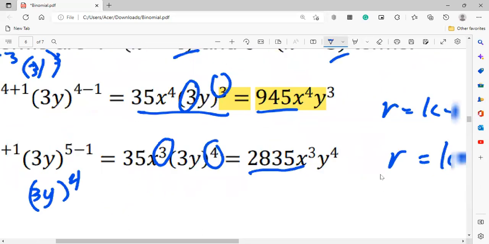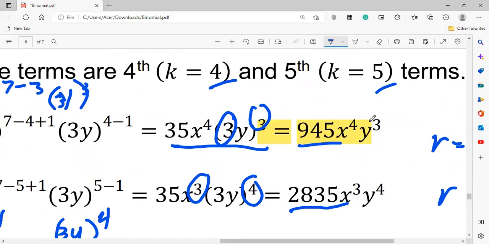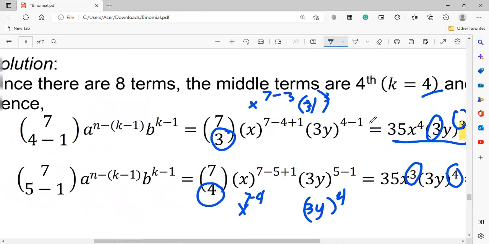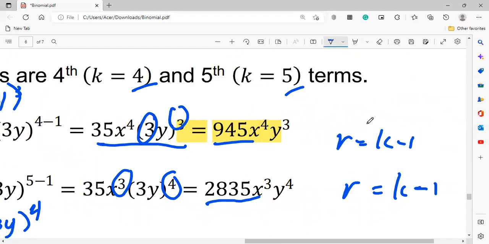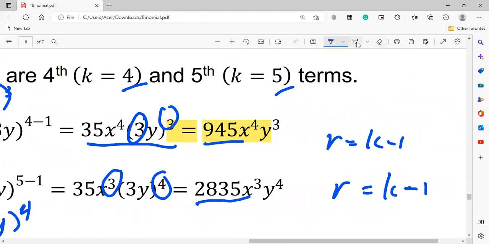And again, kapansin-pansin dito class na when we add the exponents, then we must have 7, no? So here, 4 plus 3, and 3 plus 4 must be the same, 7.